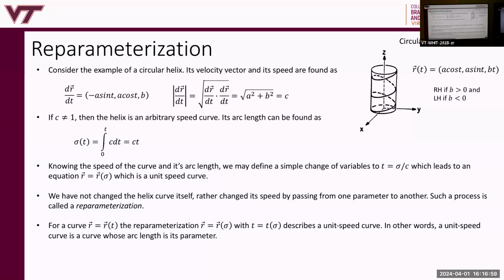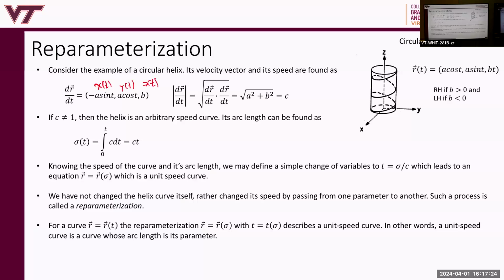Its velocity vector and its speed are found as follows: we take the first derivative of the parameterization of the helix. Here's the parameterization of the helix. Take its first derivative. Derivative of cosine is negative sine. Then derivative of sine is cosine. And then derivative of bt is just b, right? So each of these are the functions x of t, y of t, and z of t.